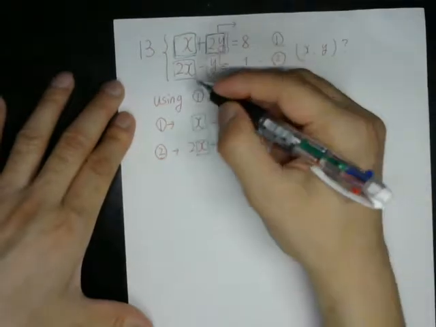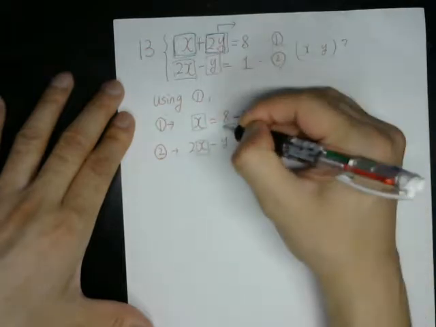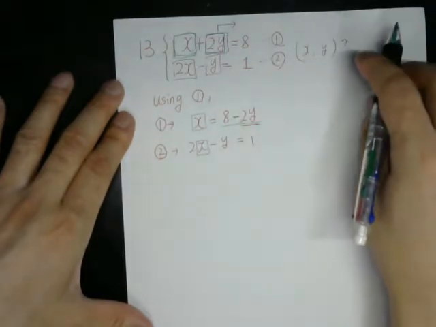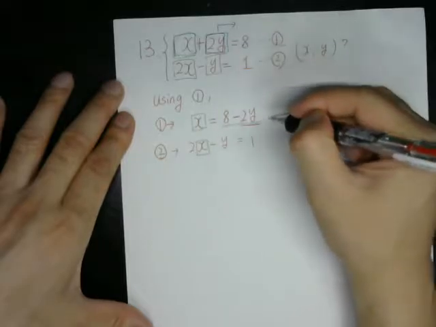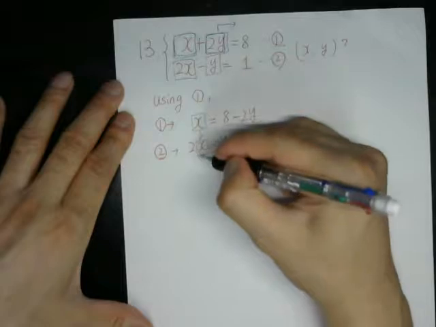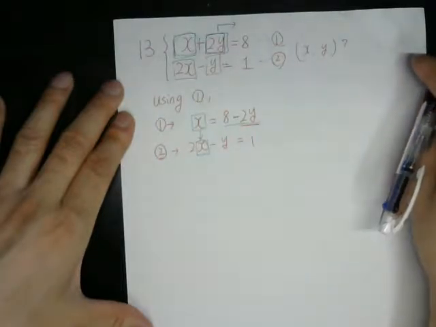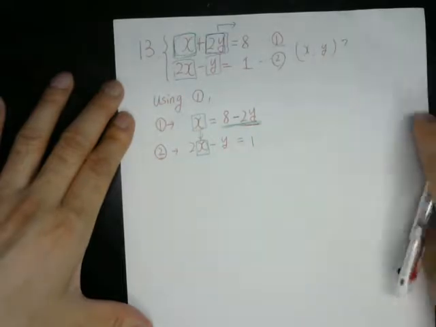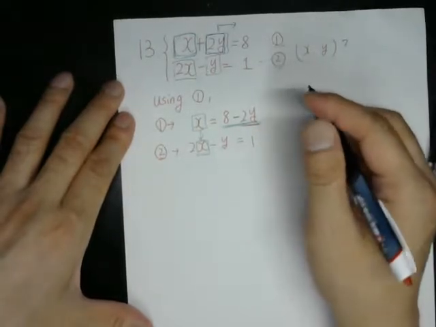So, since from the equation 1, this x can be rewritten as 8 minus 2y, yeah, we can replace or substitute this x in the second equation with this expression in terms of y, right?